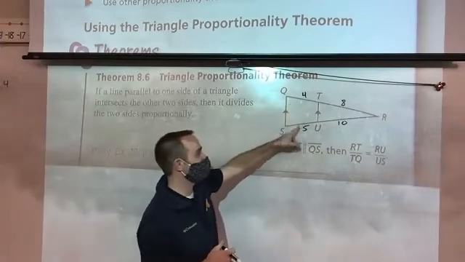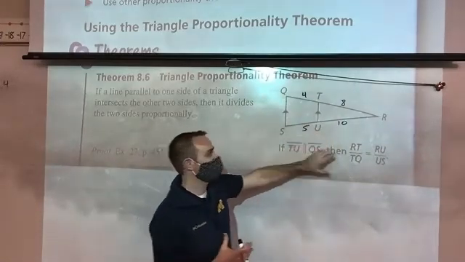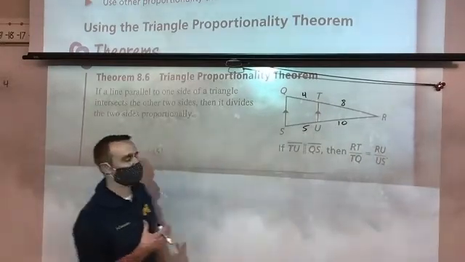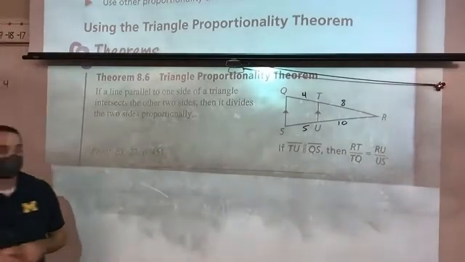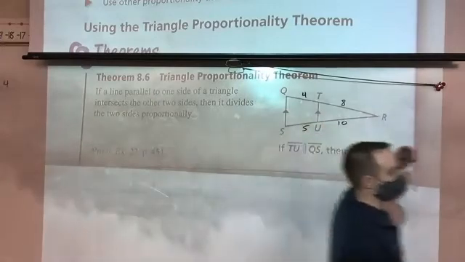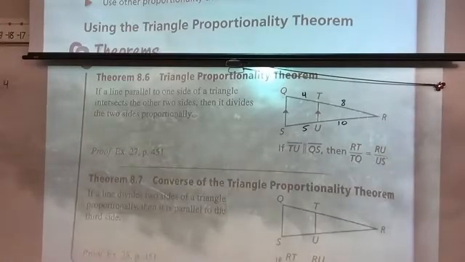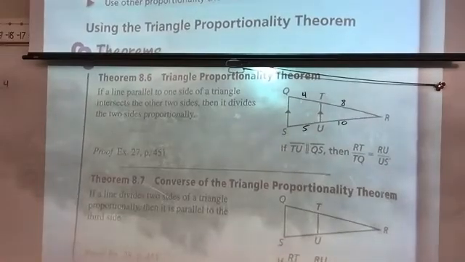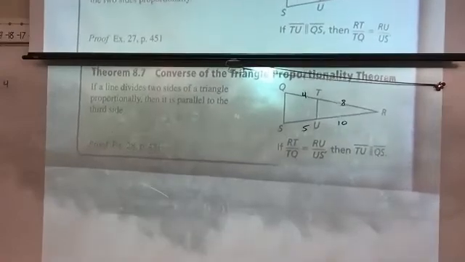We could think of it as 4 over 5 and 8 over 10. That would work as well. But the way that they're showing it, 4 over 8, 5 over 10. So that's what triangle proportionality theorem is telling us. If it's a parallel line, we can set up that proportion. And we're going to get real good at setting up that proportion because that's what they're going to have us do time and time again, setting up that proportion to solve, either just for a length or solving for x or something like that.